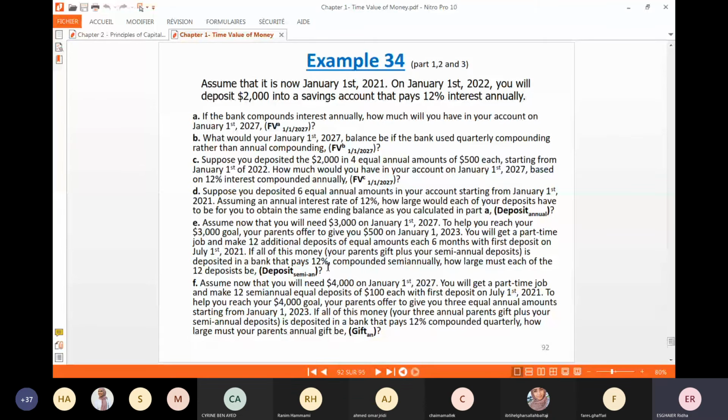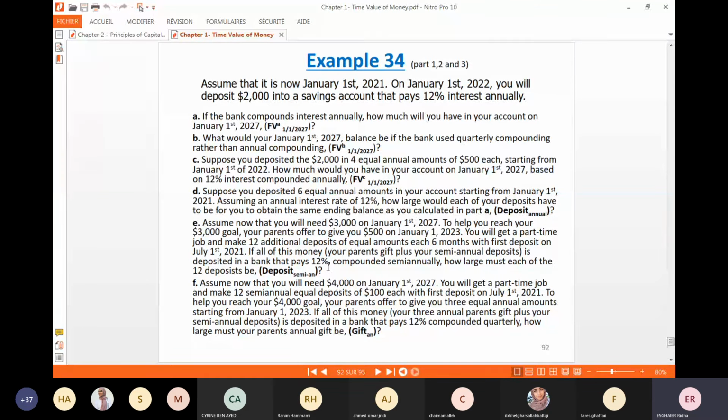Now the gift is 3 deposits and annual deposits starting from January 1st, 2023. If all this money is deposited in a bank that pays, be careful here, 12% compounded quarterly. 12% compounded quarterly. How large must your parents' annual gift be to get $4,000 on 1/1/2027?